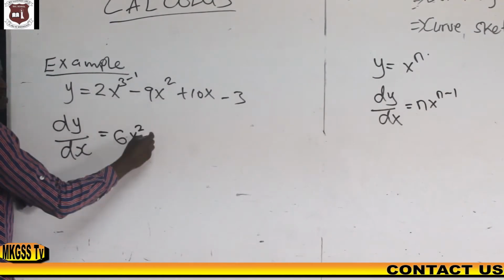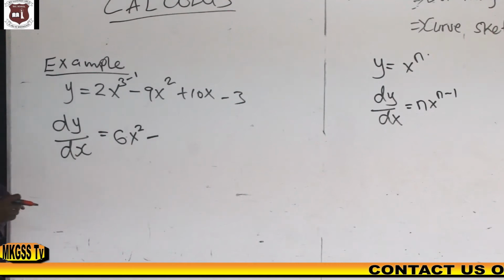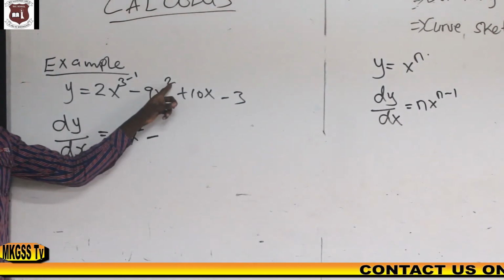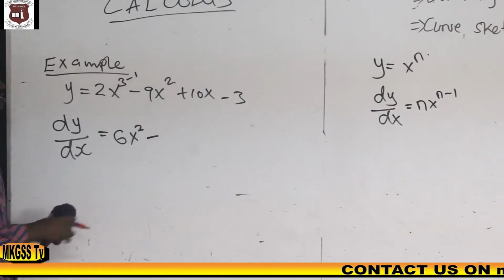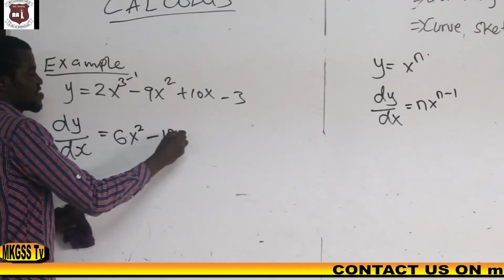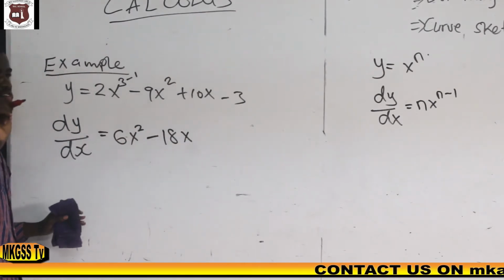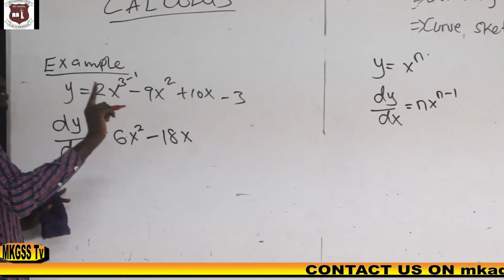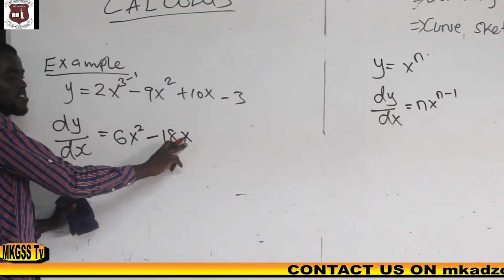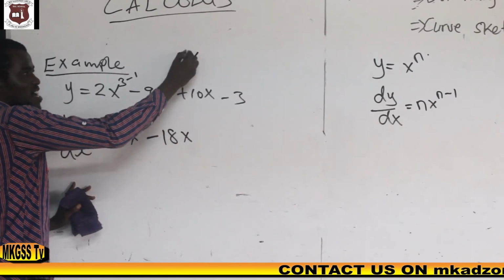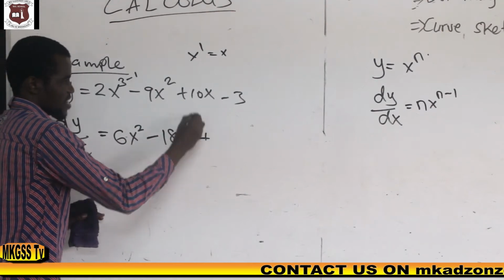We have negative 9x power 2. So this 2 will multiply 9, therefore we shall have 18. Then we will have x, the power of x being reduced by 1. It means therefore I will remain with x, because x raised to power 1 is simply x. I move to the next.